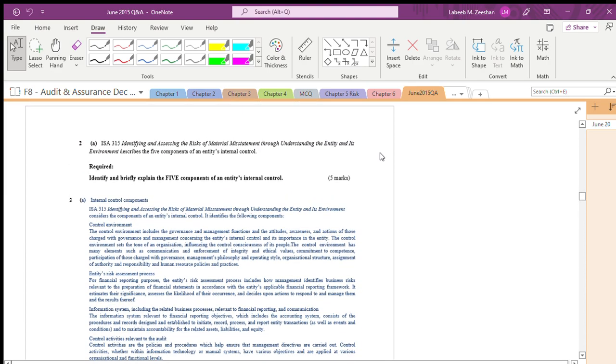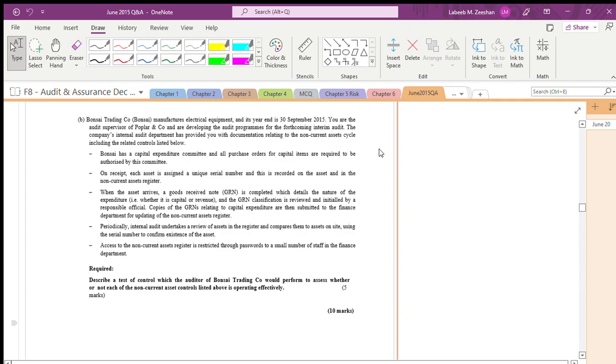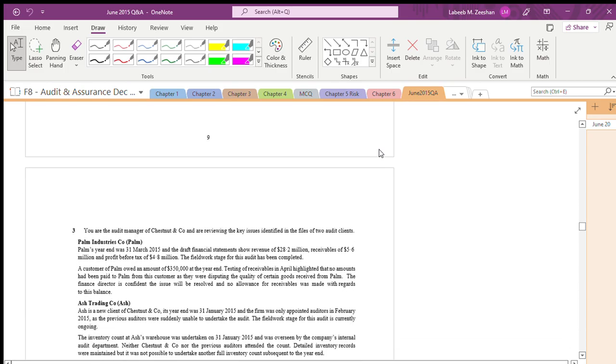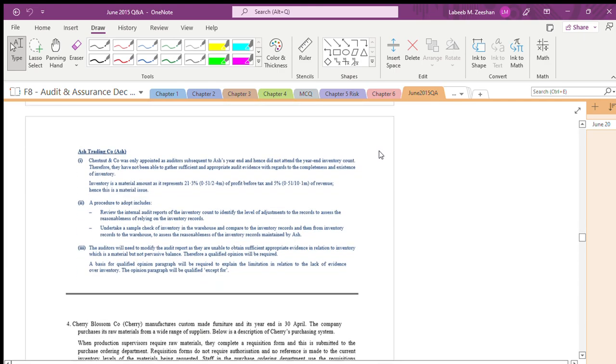We'll do this, okay? What are the 5 components of internal control? Test of control on the non-current assets register, we'll do this now, okay? Next we'll do test of controls. This we'll do after some time, not like here.